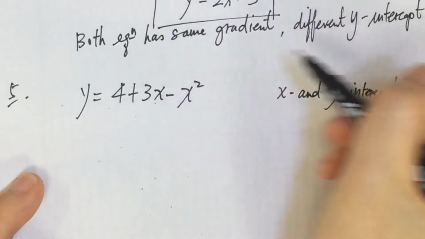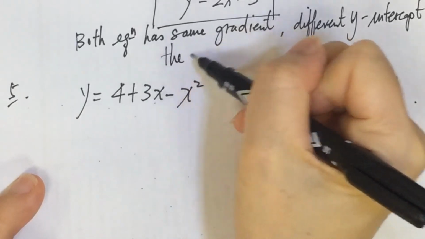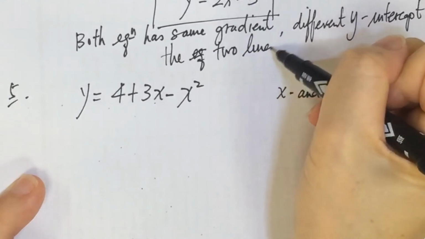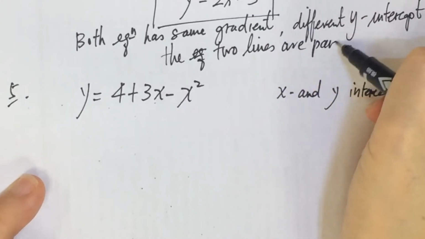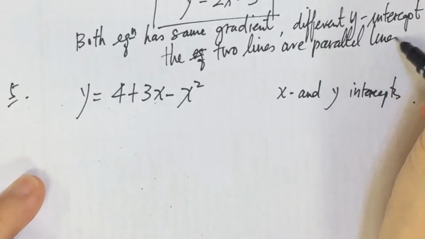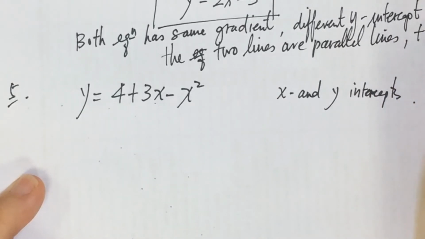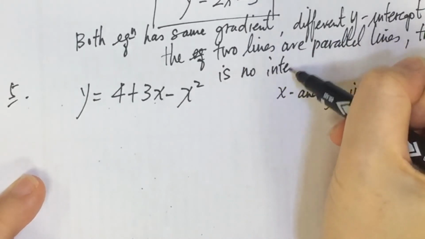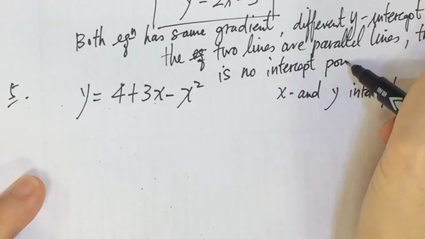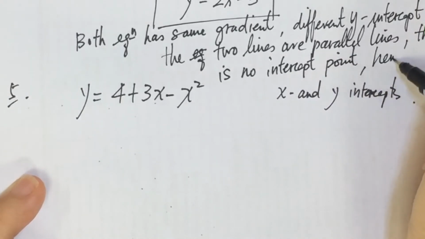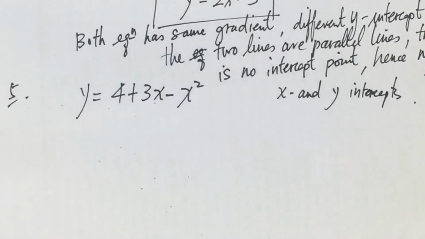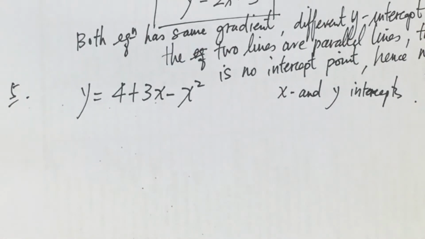Therefore, we can say that the two lines are parallel lines. When they are parallel lines, that means there is no intersection point, hence no solution. They don't intersect, which means you are not able to solve it. So there's no intersection.